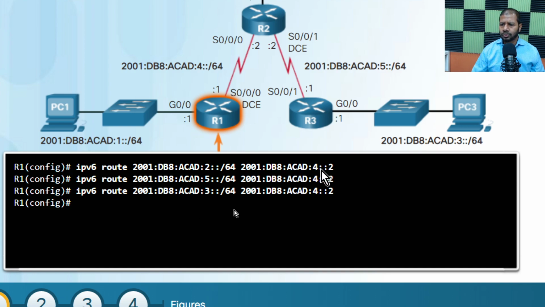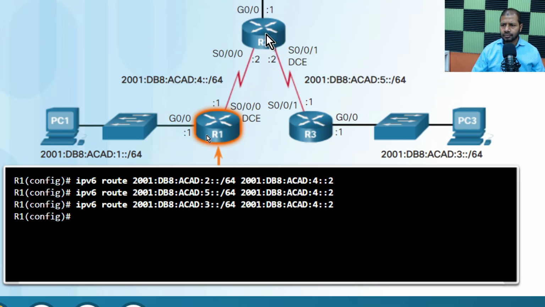And where is my next hop router? Let's take a look at it. Here's my R2. R2 is my next hop address. Now what is its address? Its address is this right here, 2001:DB8:ACAD:4::2. See right here, dot 2 colon 2 is my IP address. That's my next hop router. So in the router R1, I'm writing down this line.